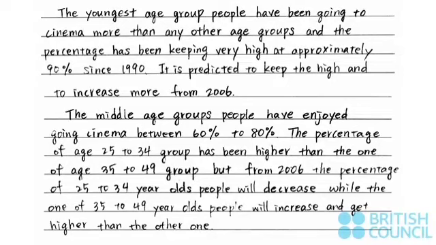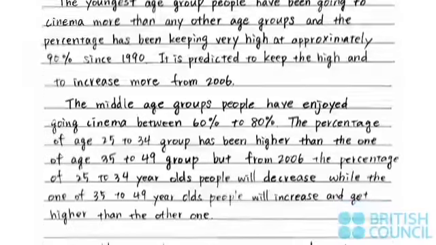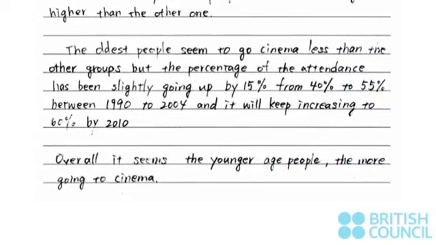So they've covered the key features of the years and the youngest age group. Then in the second paragraph, they cover the middle age group, and they also cover the time period. In the final body paragraph, they've addressed the third category of people, which is the oldest age group. And then finally, they've given an overview, which is essential.